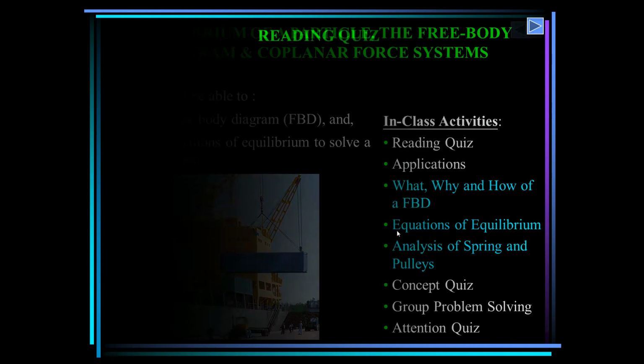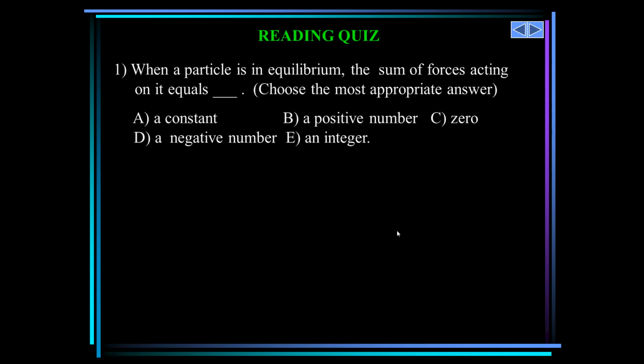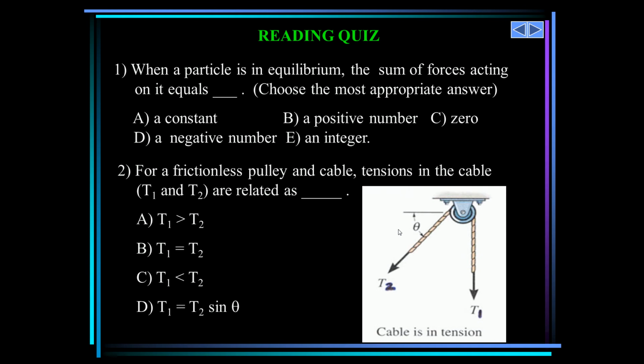First of all, we have two reading quizzes here. The first one: when the particle is in equilibrium, the sum of forces acting on it equals what? A, B, C, D, E. I think that will be very easy; the answer will be C, which is equal to 0.